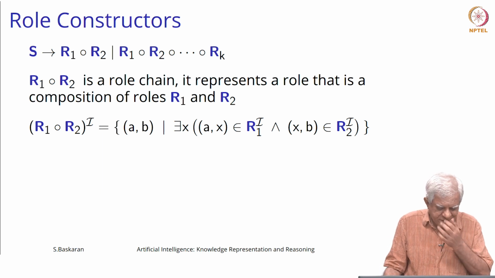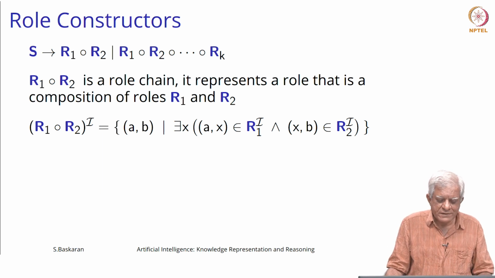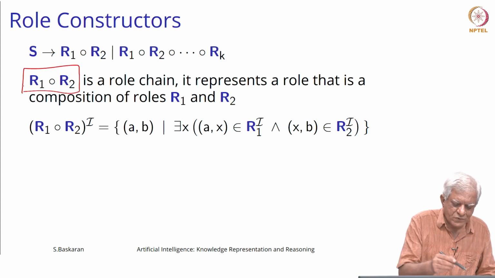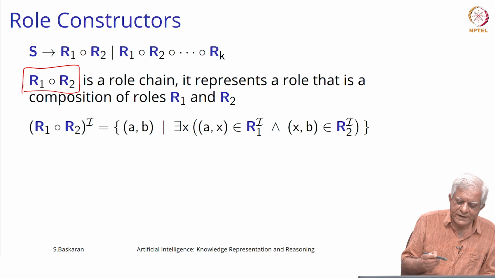So, role constructors are of two kinds as we saw. The simpler kind simply takes two roles and connects them.